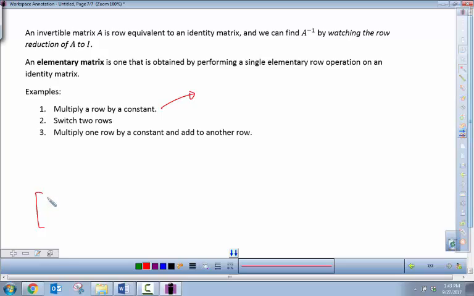Let's see, 2, 0, 0, 0, 1, 3, 0, 0, 1, 6.